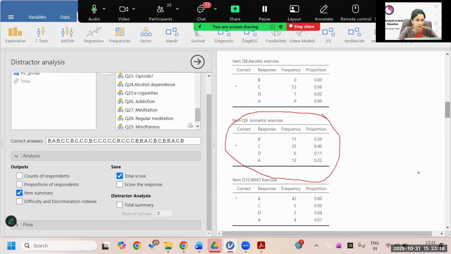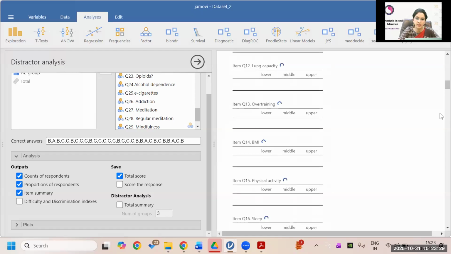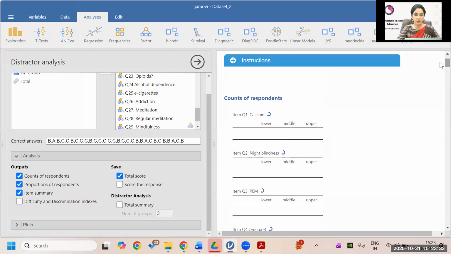Now I'll go for another one, which is the counts of respondent. Now if you see the counts of respondent and proportion of respondent, it just gives you the overall picture, by dividing into upper, middle and lower, of how the item is performing.